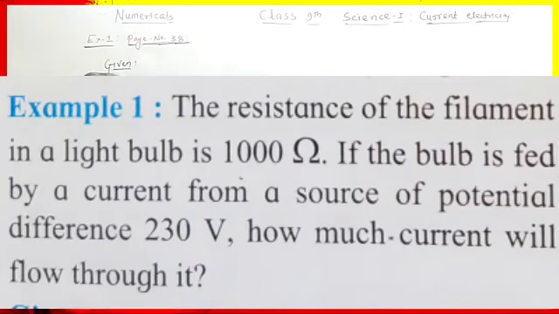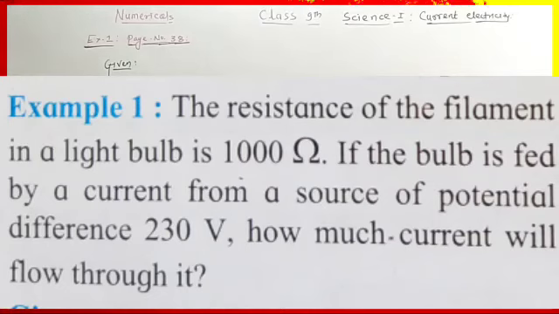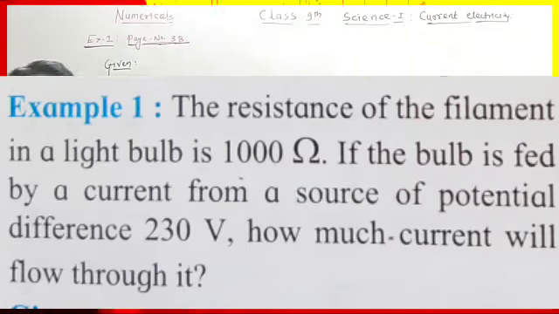The question says the resistance of the filament in a light bulb is 1000 ohm, so it is the value of R. If the bulb is fed by the current from the source of potential difference 230 volts, that is, the potential difference provided to the bulb is 230 volt, how much current will flow through it? So we have to calculate the current. Okay. So we are going to solve the problem now.